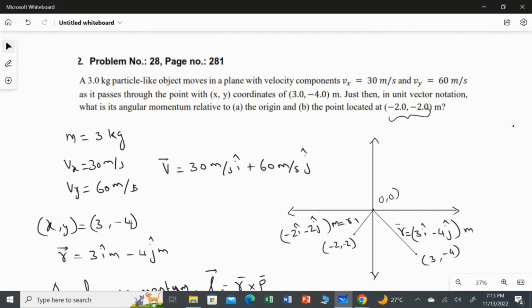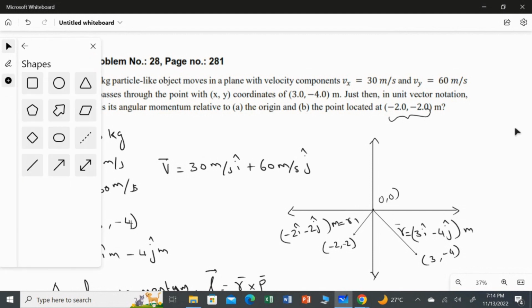But the most important thing, we have to find what should be the delta r. Am I right? Because we are just finding the position relative to the origin. We already found this, but related to this point, we have to consider the first position vector also. So we have to find what should be the delta r. Clear? What should be the delta r? So better I will draw the line again.